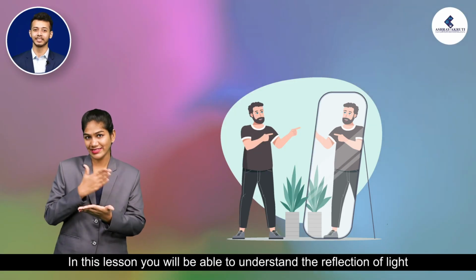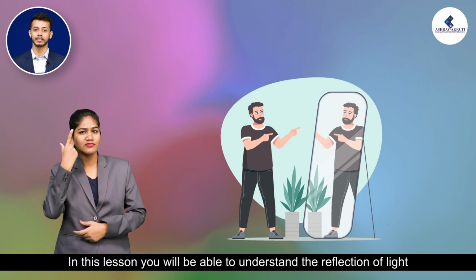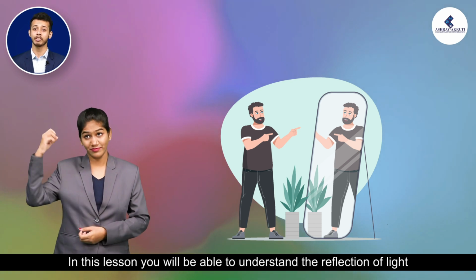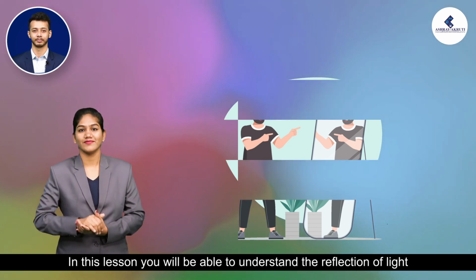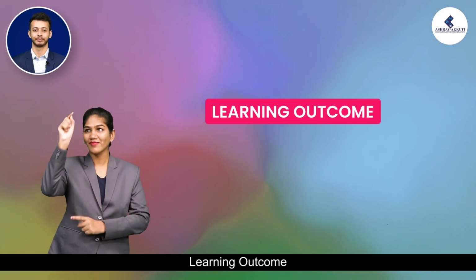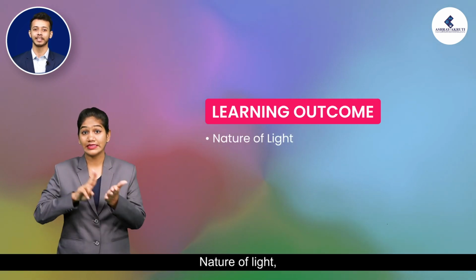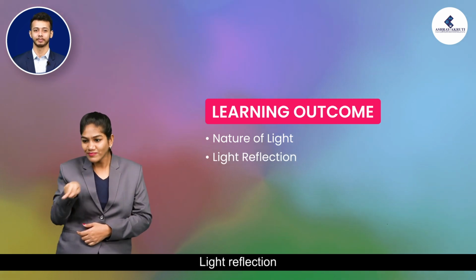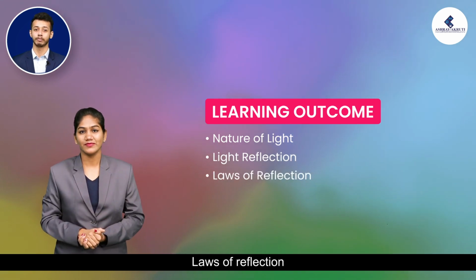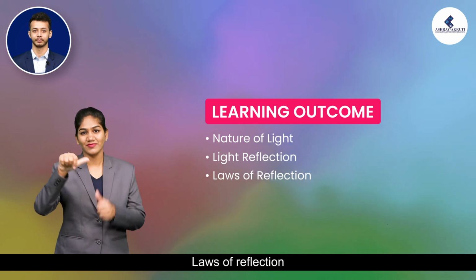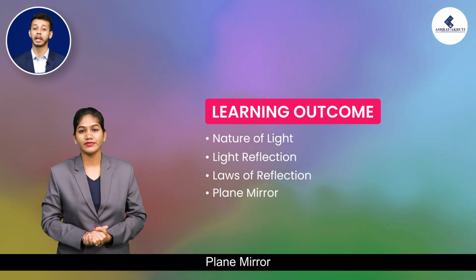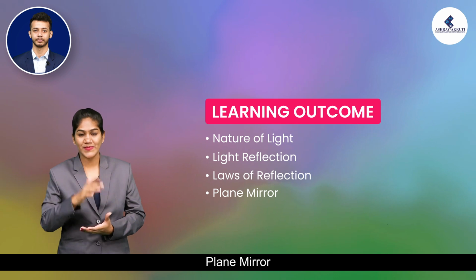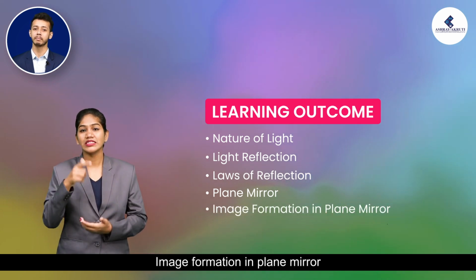In this lesson, you will be able to understand the reflection of light. Learning outcomes: nature of light, light reflection, laws of reflection, plane mirror, image formation in plane mirror.